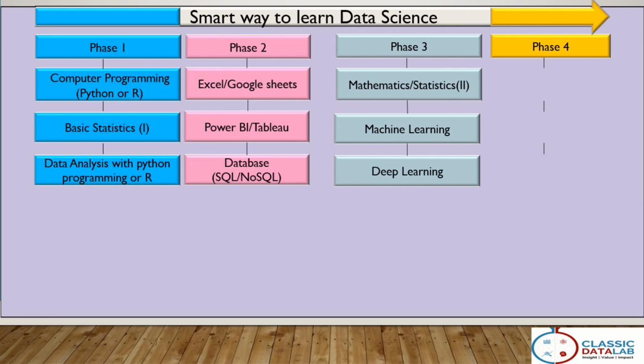Understand logistic regression, linear regression, k-nearest neighbor, support vector machine. Also try and understand some of the ensembles like the random forest, the voting classifier, the gradient boosting classifier or regressor. Also try and know how to do stacking, right?